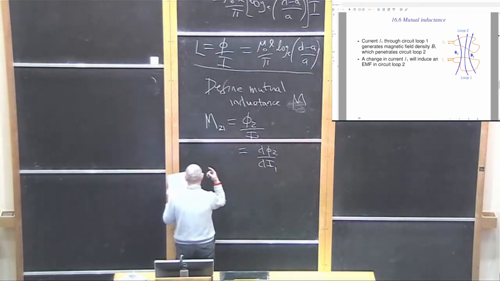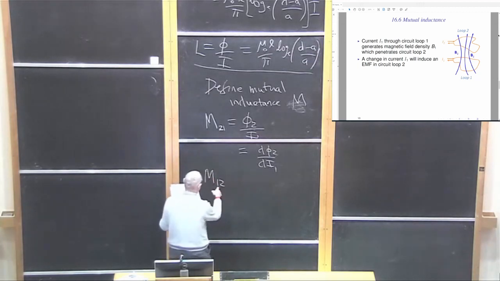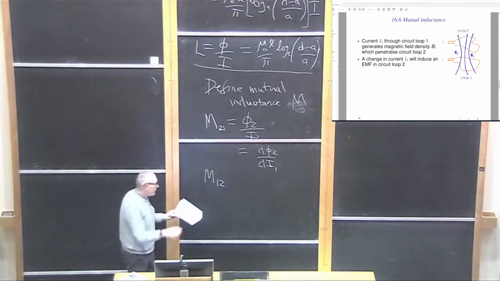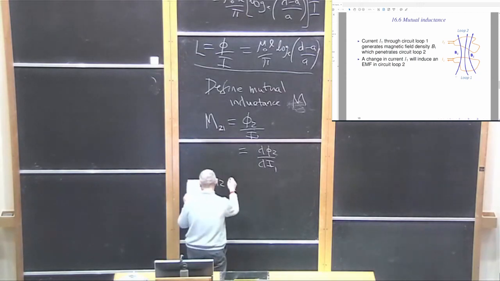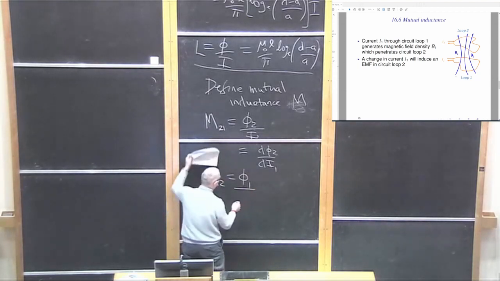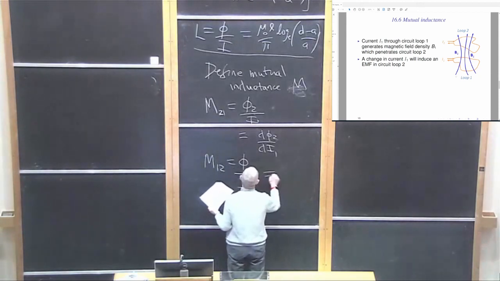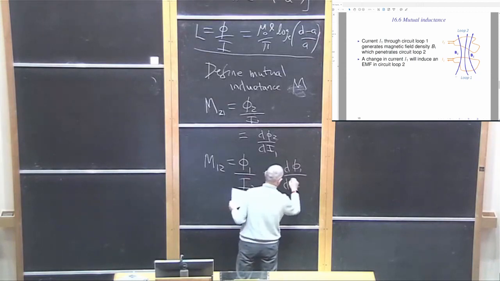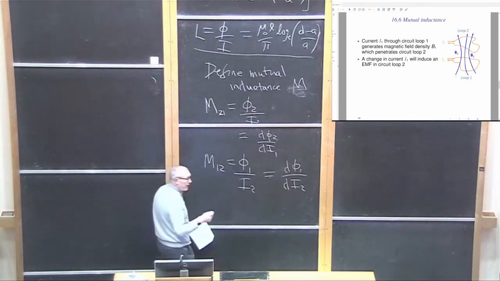So also M12. So here, it's going the other way now. So if we have a change in circuit 2, this is the mutual inductance in circuit 1, which is equal to the flux in circuit 1 divided by the current in circuit 2. So this is just equal to the change in flux in 1 due to the change in current in 2.